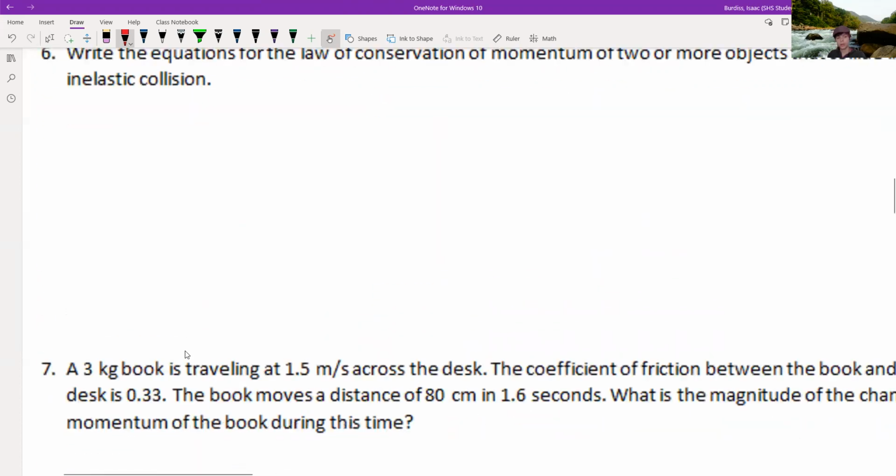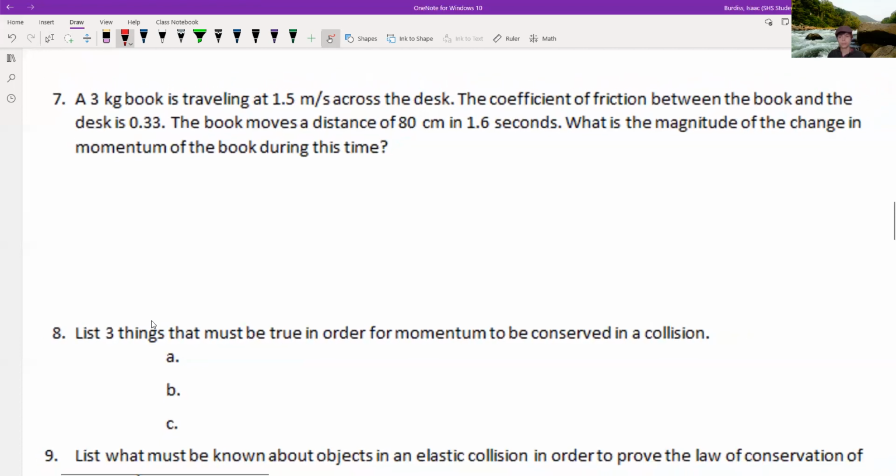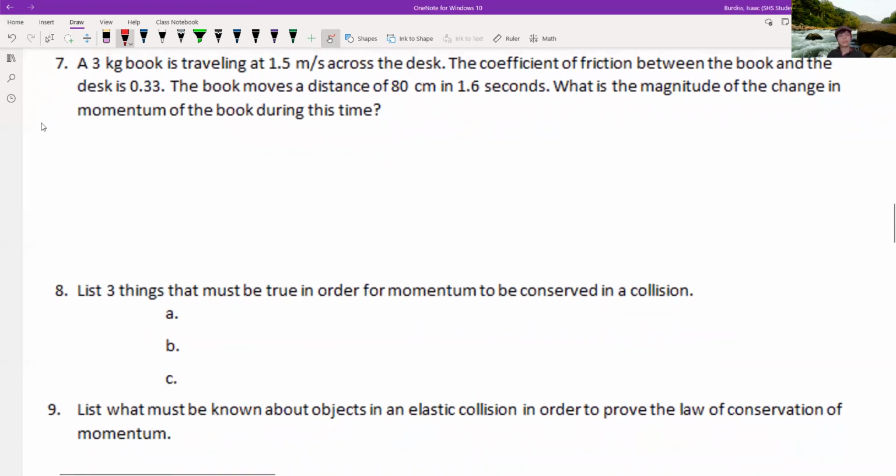All right, let's look at number 7 here. A 3 kg book. All right, let's write that down. Is traveling 1.5 meters per second.